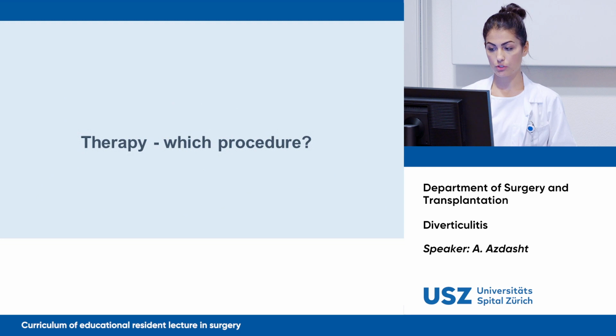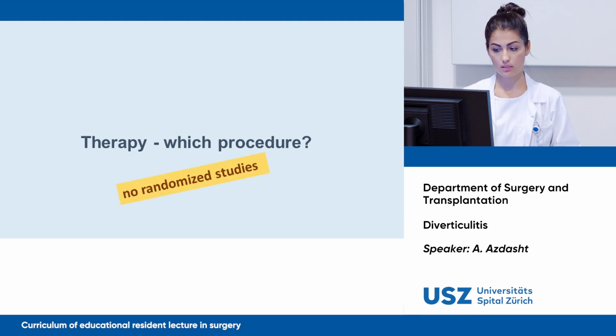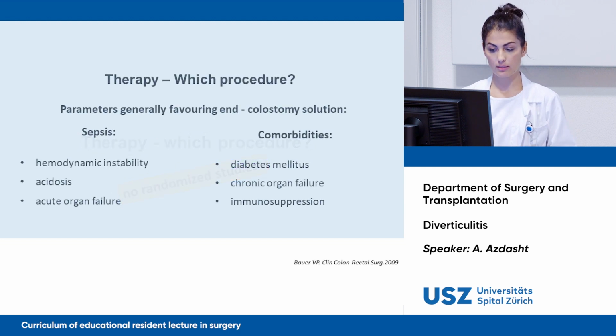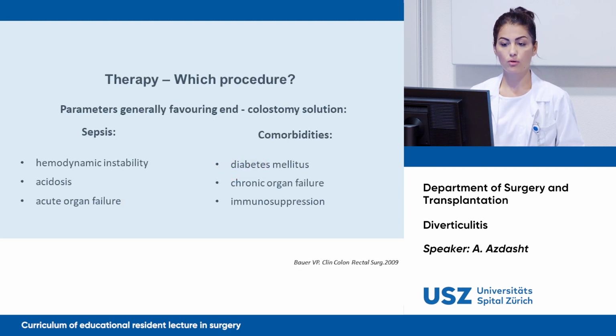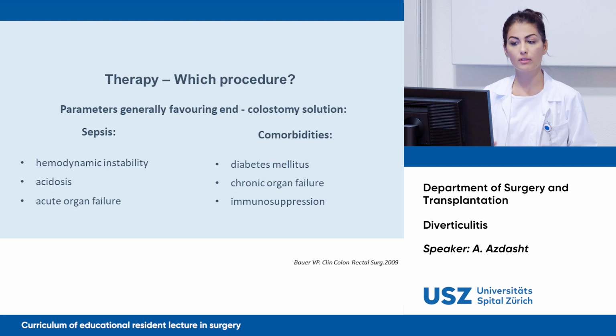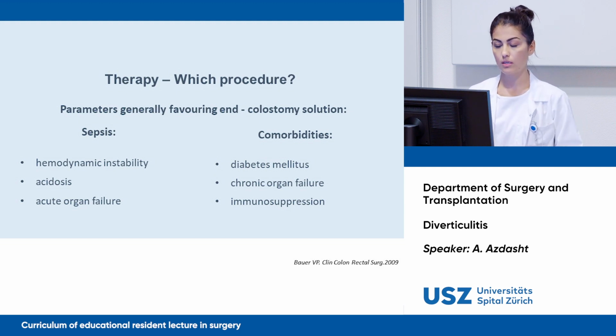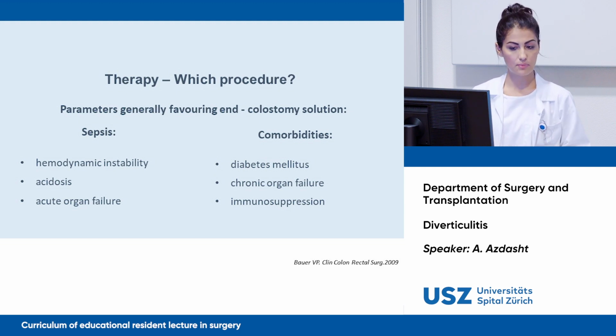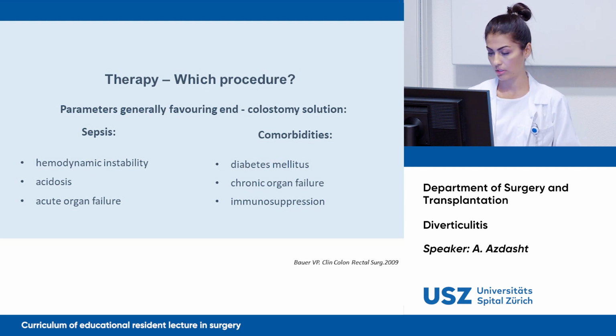So which procedure shall we do? There are no randomized studies, but there are retrospective studies that show a trend of parameters generally favoring the end colostomy solution. This is in case of sepsis with hemodynamic instability, or if the patient has comorbidities like a chronic organ failure, diabetes, or immunosuppression.